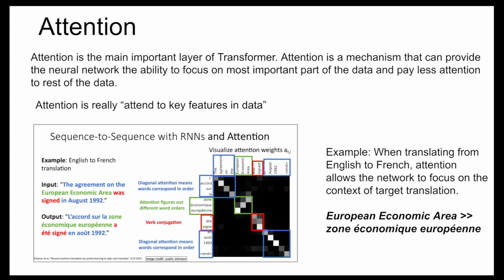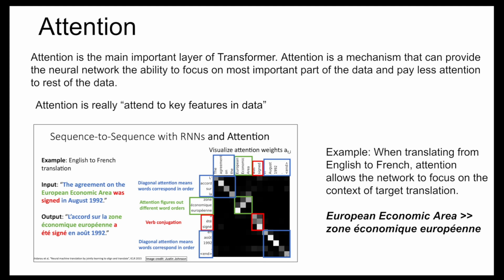In this example, it's English to French translation. The input sentence is "The agreement on the European Economic Area was signed in August 1992," and its corresponding French is "L'accord sur la zone économique européenne a été signé en août 1992." Sorry, I don't know French, but you can see that.